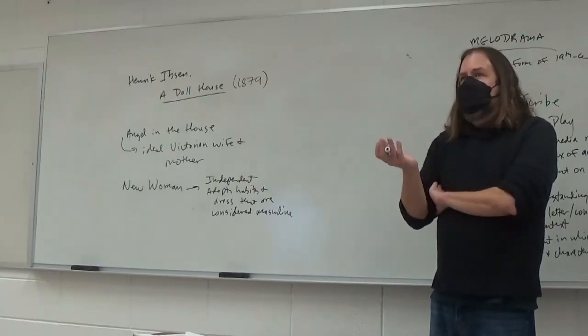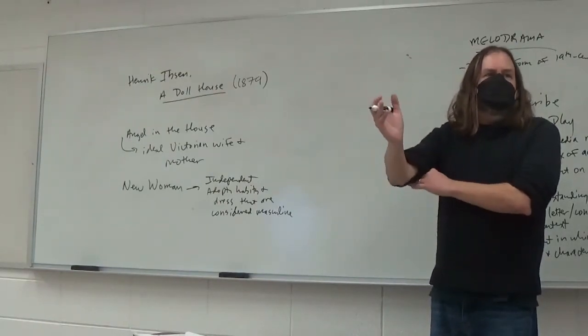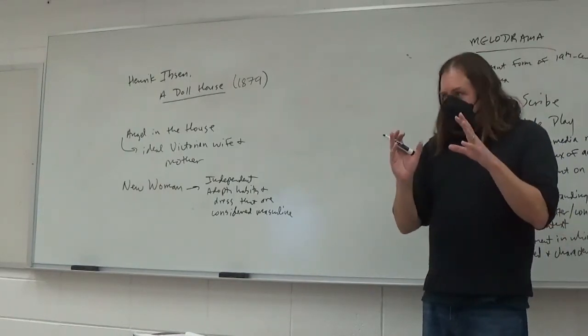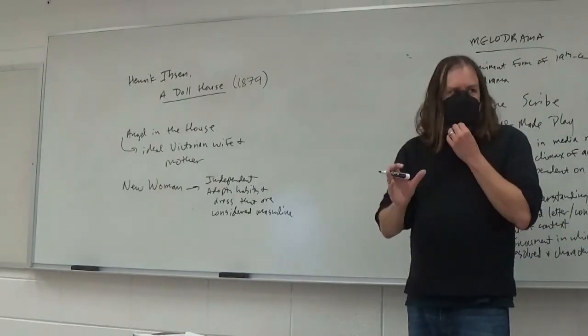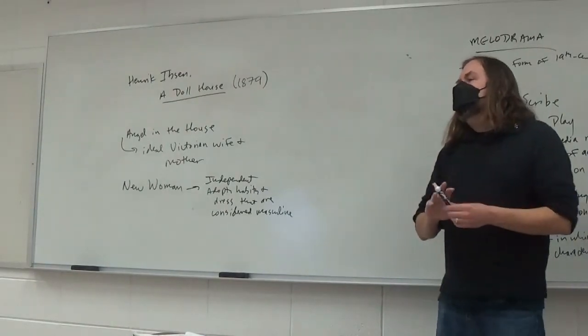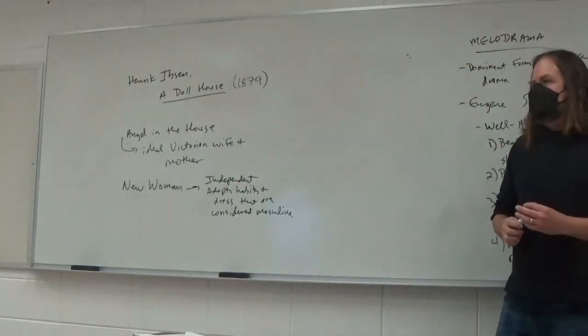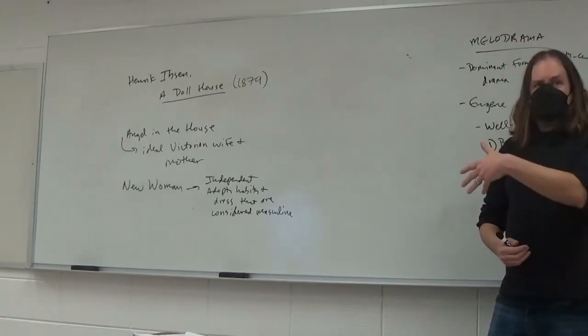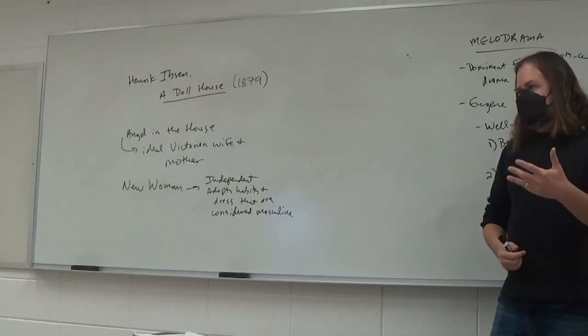She has a job. She may have gone to college. Women weren't allowed to take degrees in the 1890s at any English university, but they were permitted to attend. There were certain colleges that were set up at Oxford and Cambridge, and also at the University of London, specifically for women.